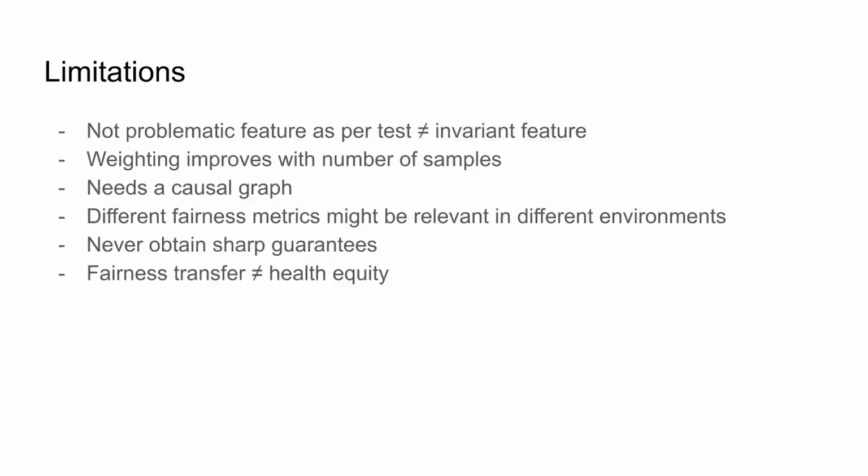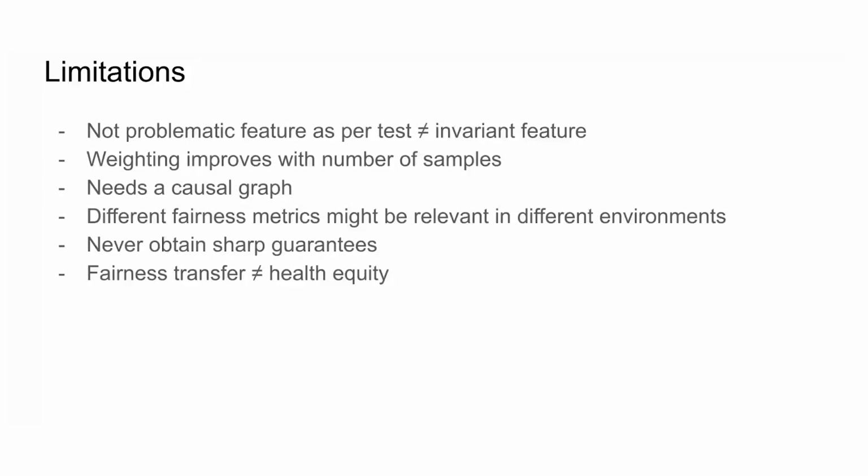And this is quite an important subtlety, because in our hypothesis test, we're testing that the features are different across our environments. If that test comes back negative, then it's just a negative result. It doesn't mean that the features are the same. It might just mean that we don't have enough power to detect that they're different.